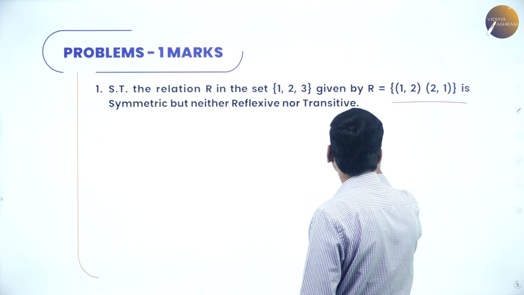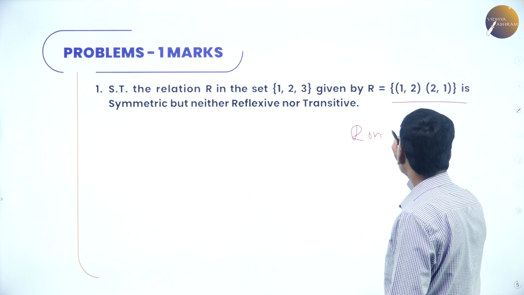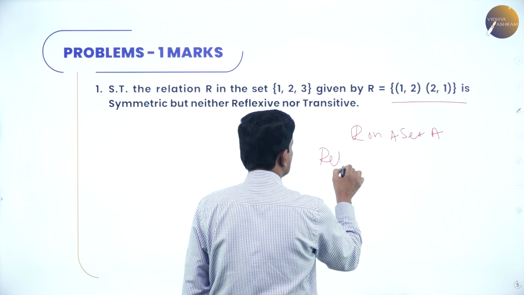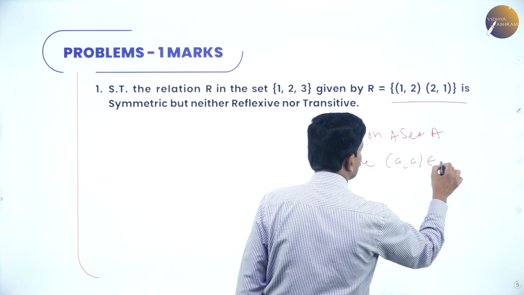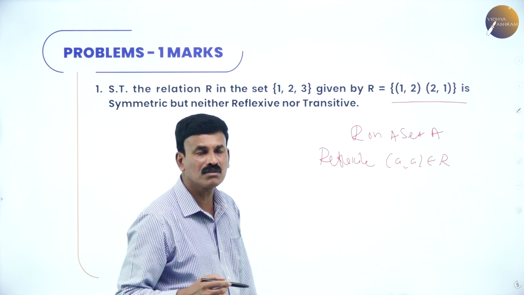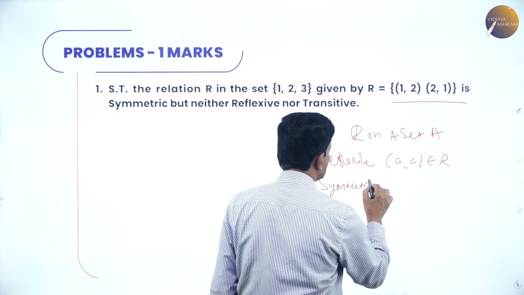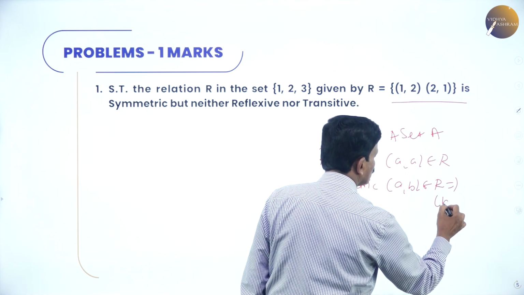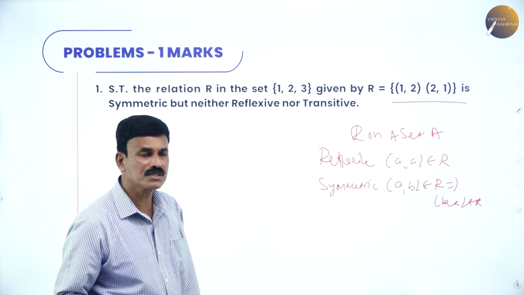A relation R on a set A is called reflexive if (a, a) belongs to R for all a belongs to A. What is symmetric? Symmetric relation means if (a, b) belongs to R implies (b, a) also belongs to R.